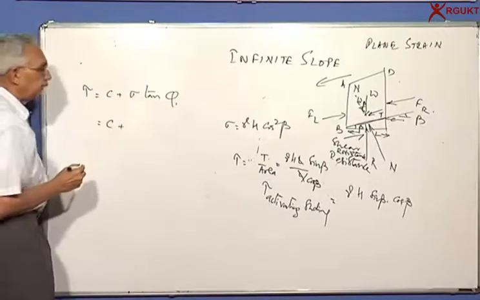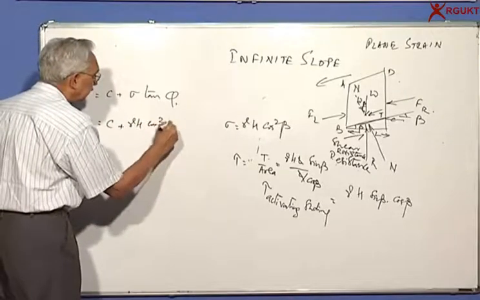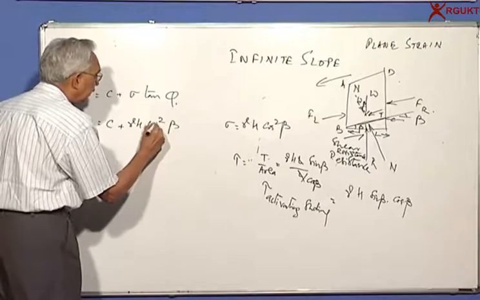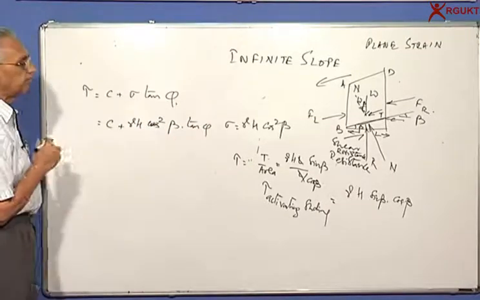C plus sigma, which is gamma H cos square beta, into tan phi. There are two ways of writing the same.